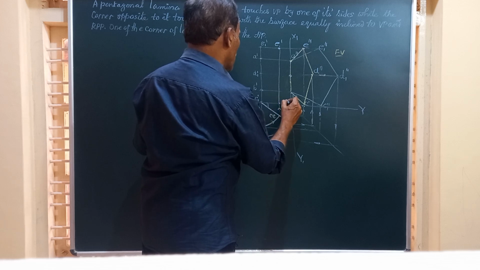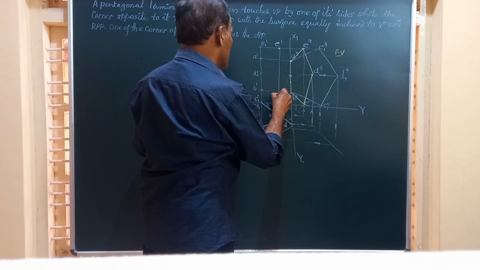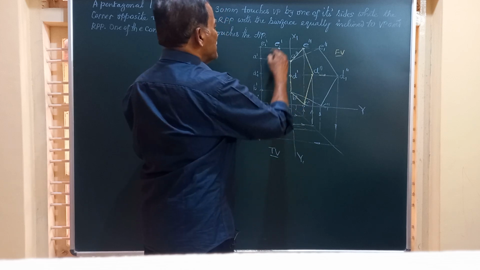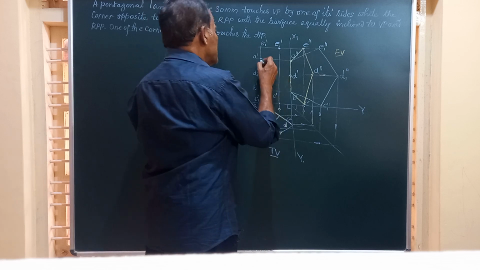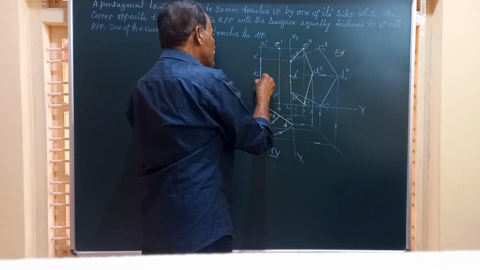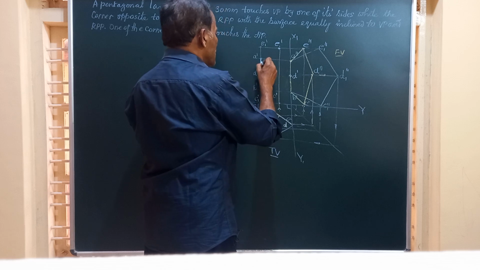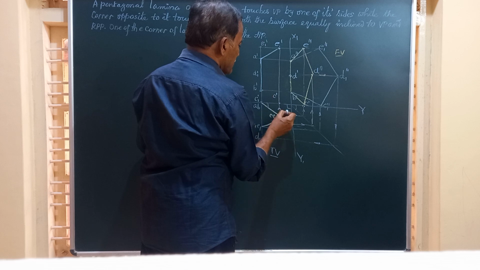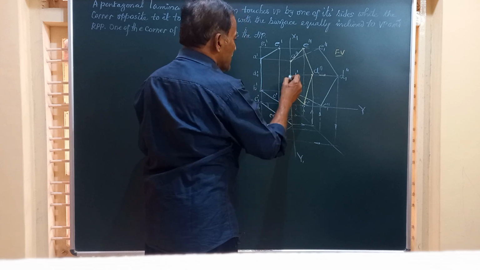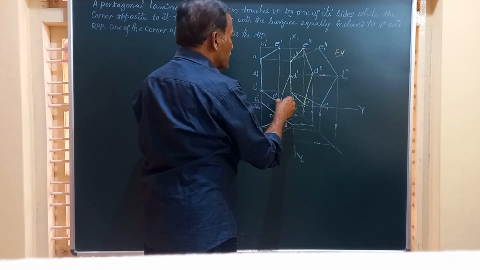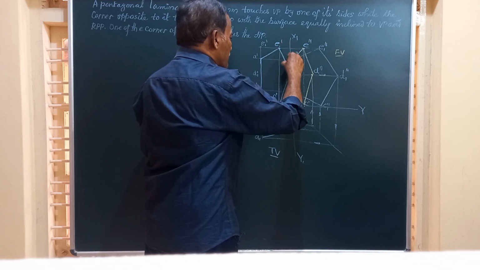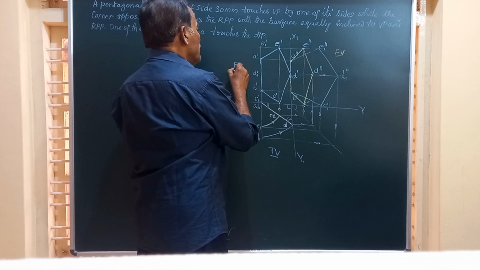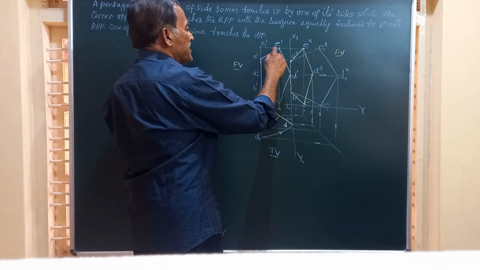Friends, you have got all the 5 corners A, B, C, D and E. So I will join all these by straight lines. So I will join A to B by a vertical line, one of the edges, A to E, then B to C, then C to D, then D to E.